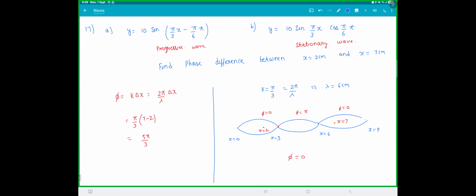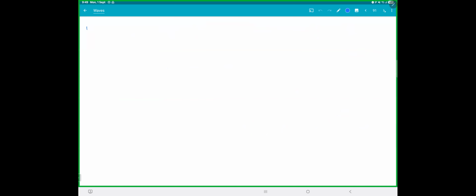Next one. A string of length 120 centimeters oscillates in fourth harmonic.